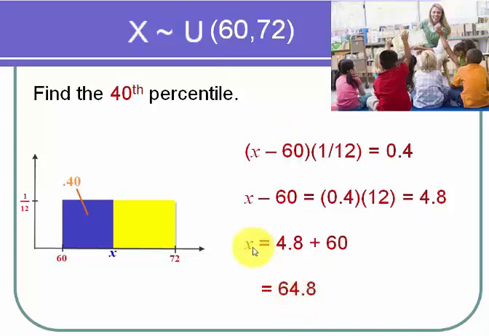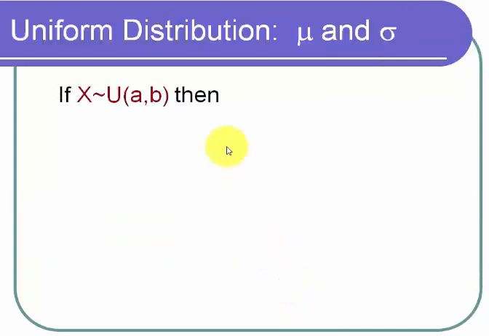Okay, so now whenever you have a distribution or any statistics in this class, remember two really important concepts are the mean and the standard deviation. So if x is uniformly distributed between A and B, we're going to want some formulas for the mean and the standard deviation.